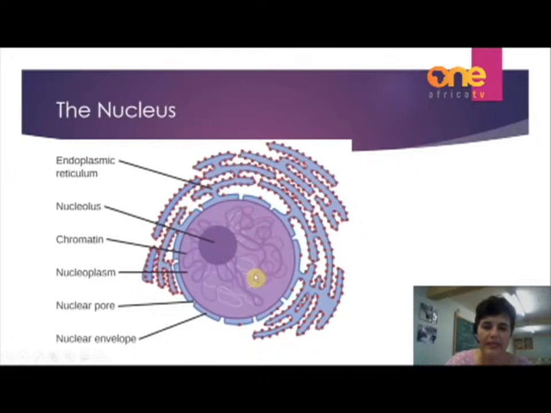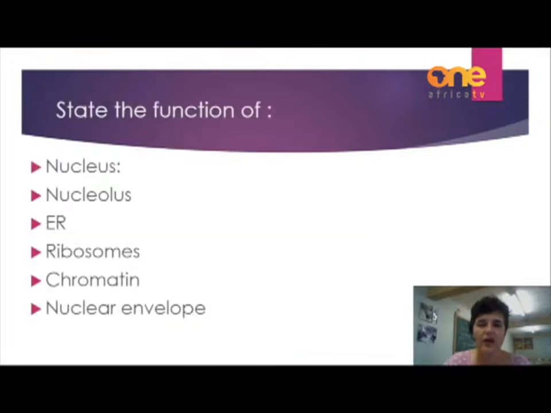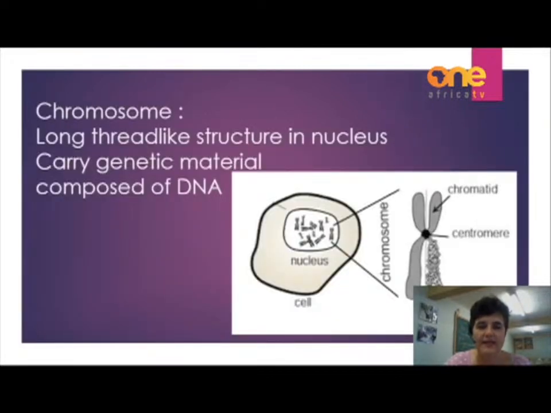If I can just explain again, we have the chromatin network, a long thread-like structure that is lying in the nucleus. This is for the phase of the cell where the cell is doing its function. But when this cell wants to divide, the chromatin network will shorten and form short, fat chromosomes.